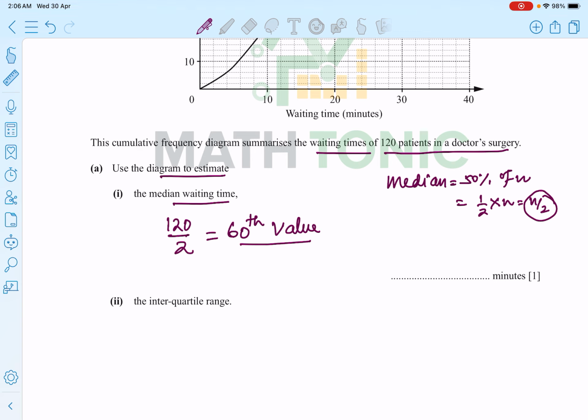Always remember, the median, upper quartile, lower quartile, every value you are going to get on the x-axis, not on the y-axis. So the 60th value will be your median time.